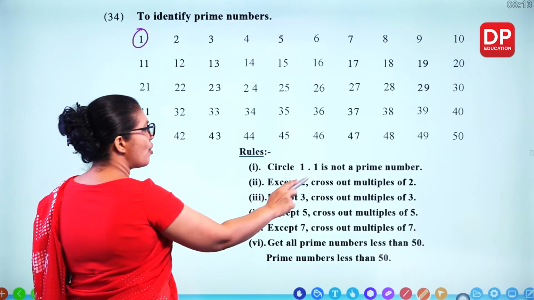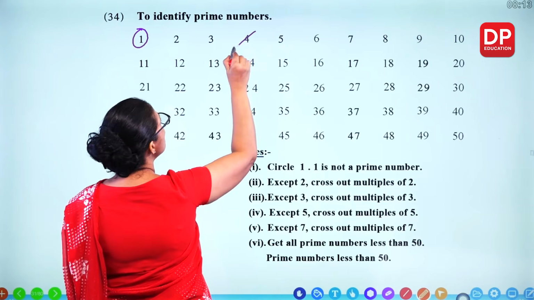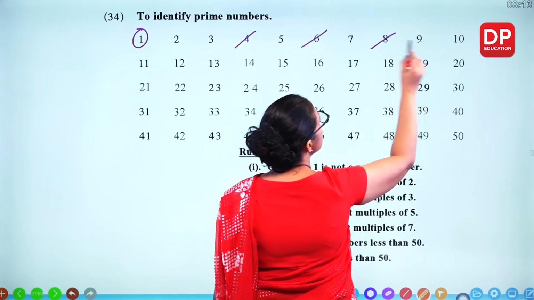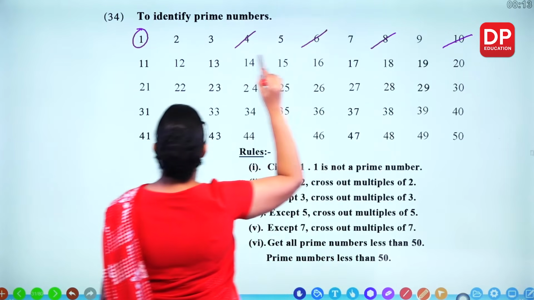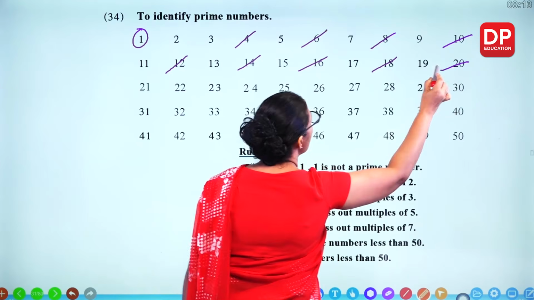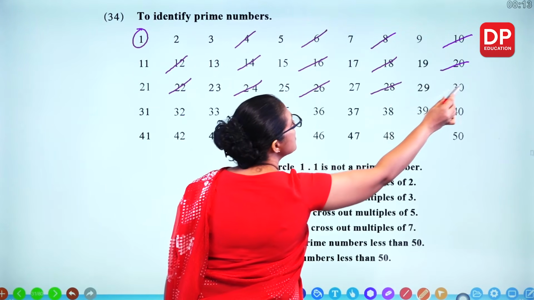Except 2, cross out multiples of 2. 2 times 2, 4. 2 times 3, 6. 8, 10, 12, 14, 16, 18, 20. I'm crossing out all multiples of 2.